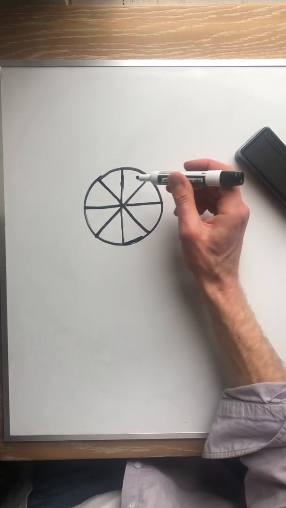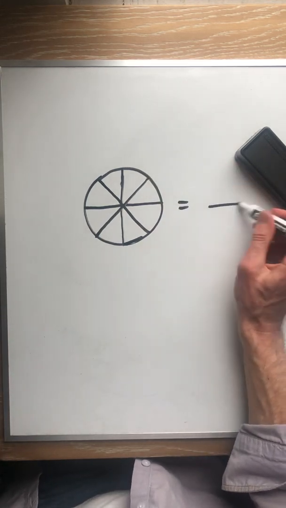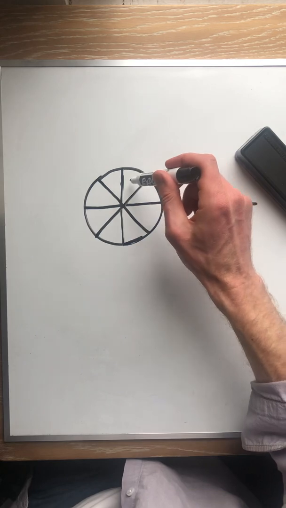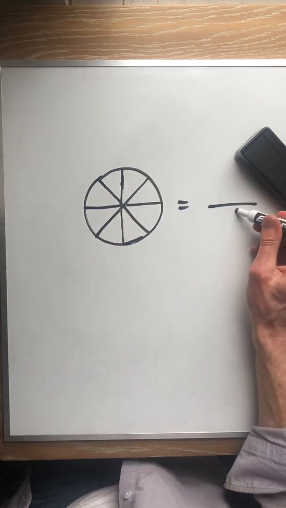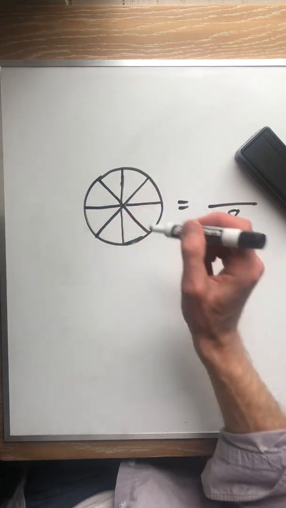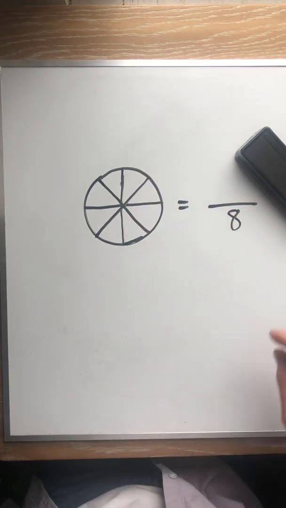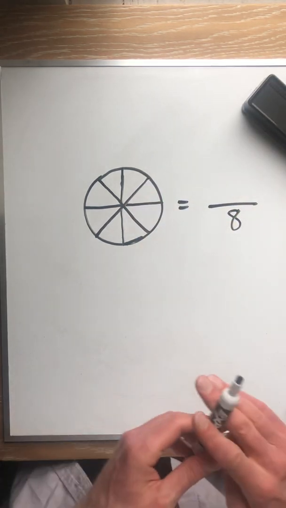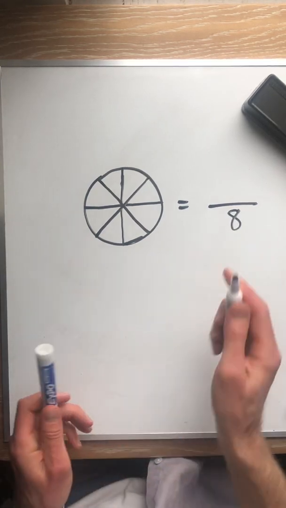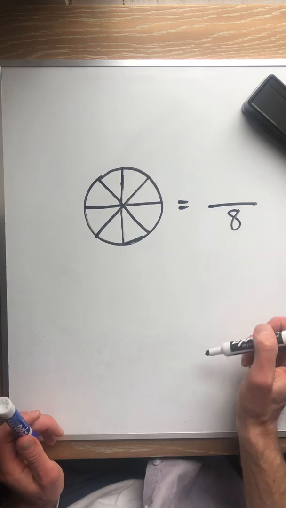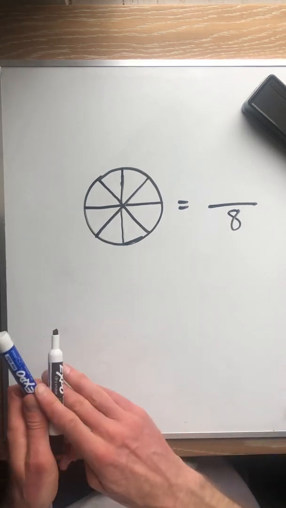And now let's see. So how many times did I cut it? Well, 1, 2, 3, 4, 5, 6, 7, 8. 8 times. Cut it into 8 equal pieces. Pretend like those are exactly the same size. And now I'm going to color in. So I put an 8 down here because how many pieces? 8. The denominator shows you how many pieces you cut it into.